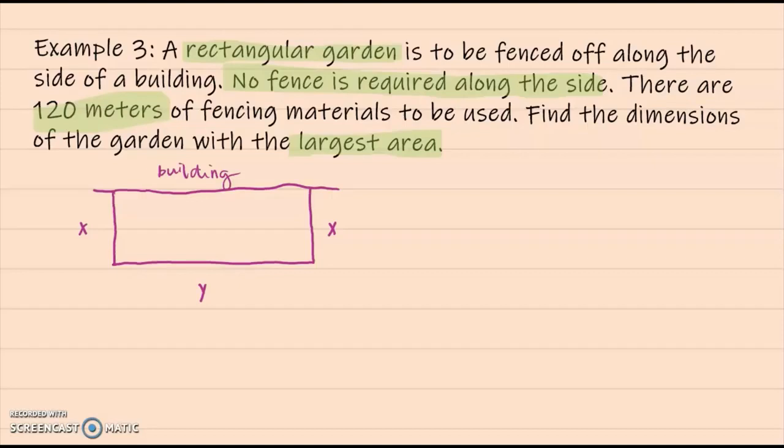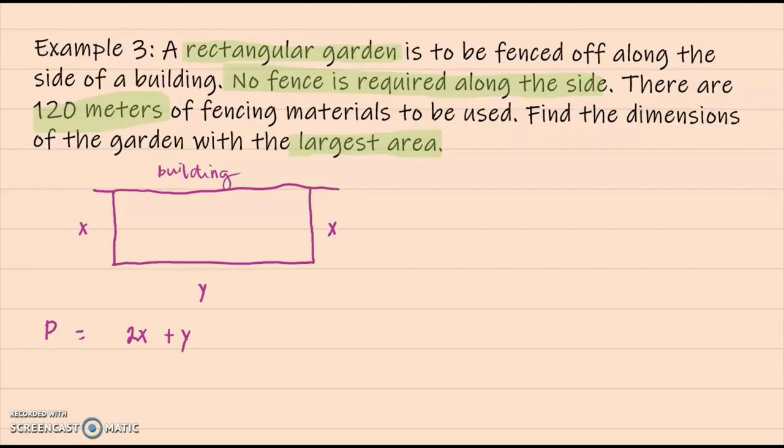Okay, now let's continue. As stated a while ago, we will make use of two formulas for this problem, the perimeter and the area. First, let's write the equation for the perimeter. P equals 2x plus y.